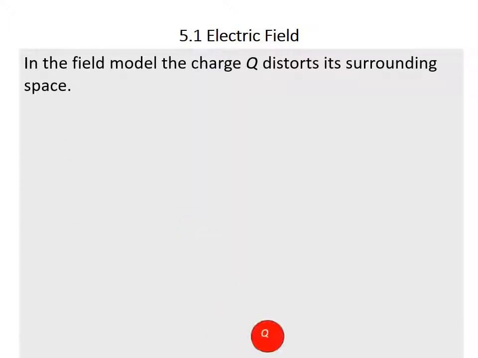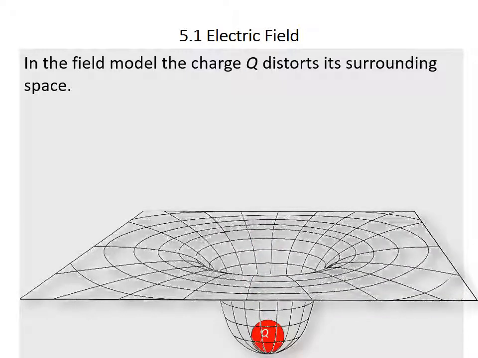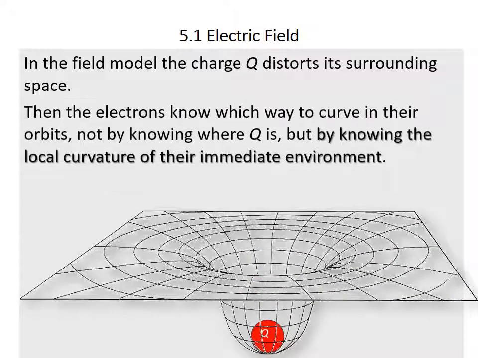So the electric field model is analogous to the gravitational field model in that you have this larger charge Q and it distorts space around it. Now this isn't the warping of space-time like with gravity. Instead, this is information around the charge, these field lines, and the electron is influenced by this surrounding field.